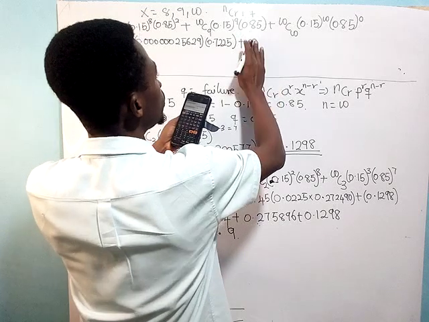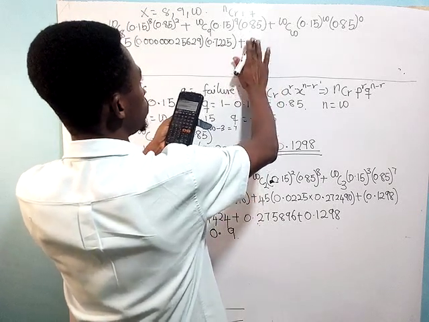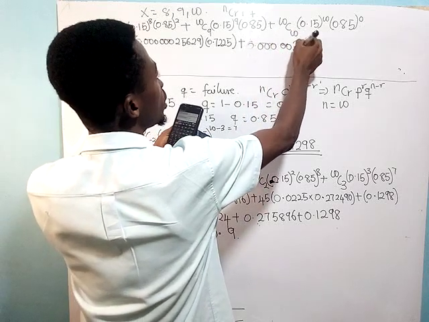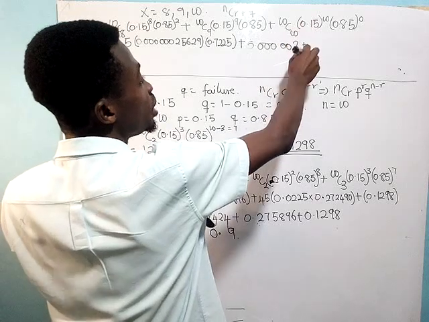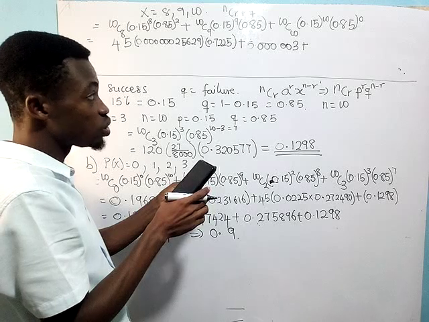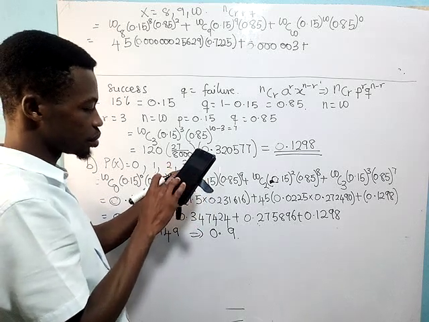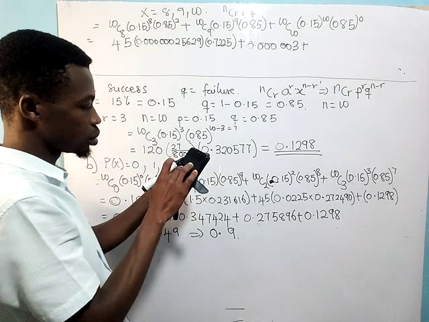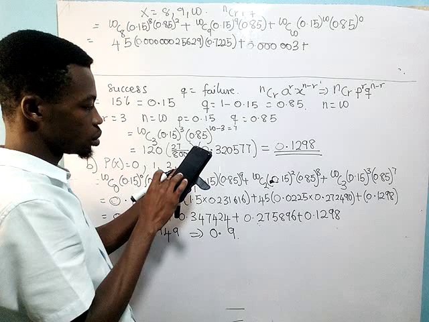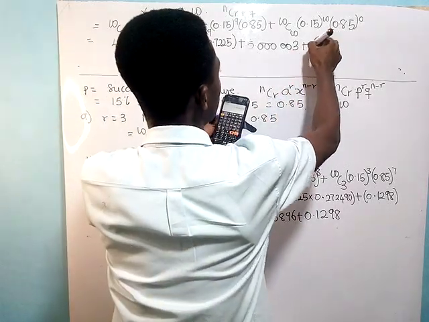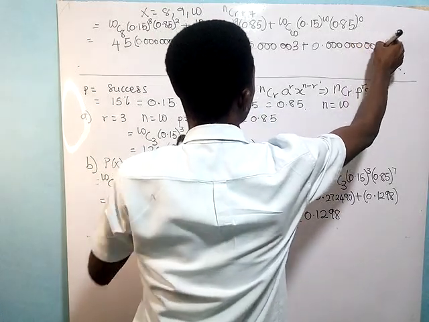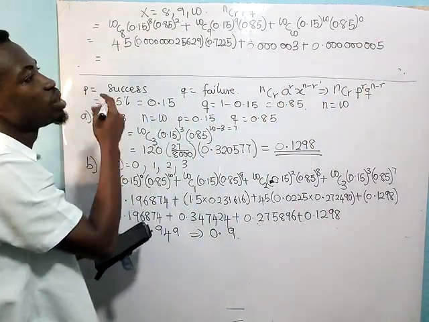We have 0.000003, plus 10 combination 10 is 1. Then we have 0.15 to the power 10, which is 0.000000005. Now let's do the summation.